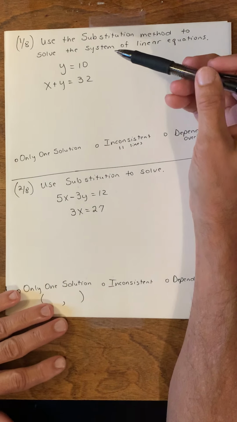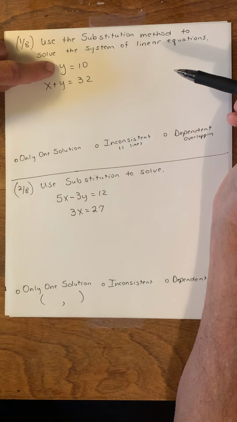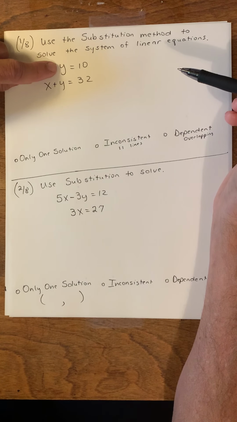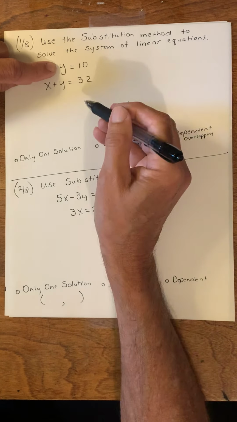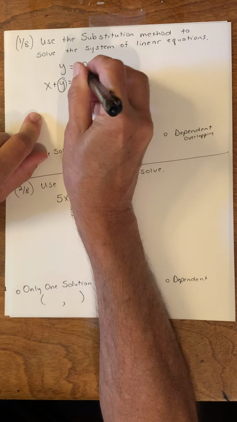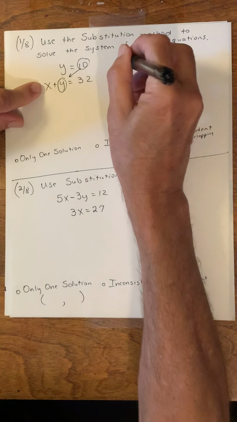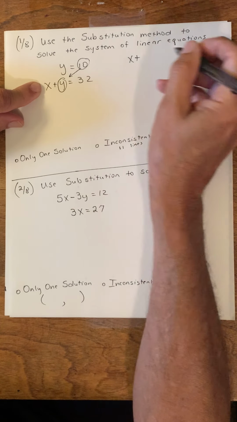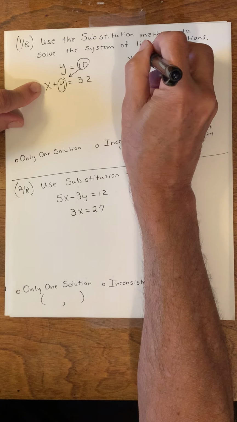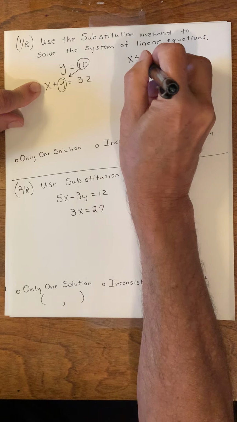All right, so let's see what we got here. Use the substitution method to solve. One of the equations is already solved for y. So in the other equation, everywhere there's a y, I'm going to put what y is, namely 10. So instead of x plus y is 32, I'm going to put x plus 10 is 32. Subtract 10.